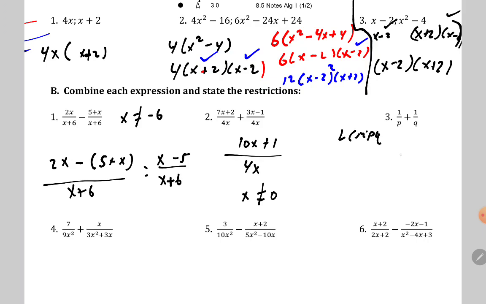Okay, so we want our denominators to be p times q. So the first one is missing a q, and then the second one is missing a p. So just multiplying by what's missing, I'll have q plus p over pq, or qp, however way you want to do it.